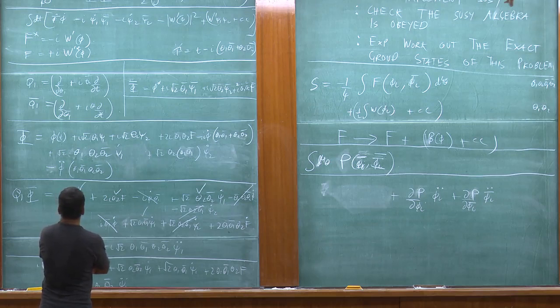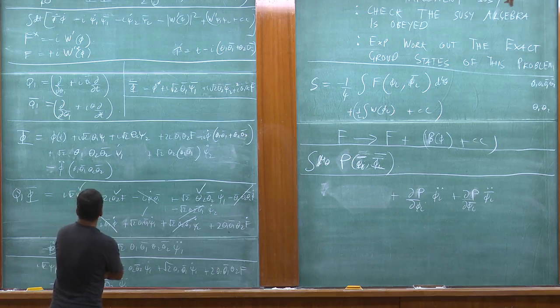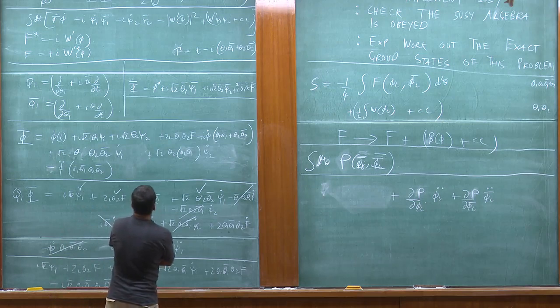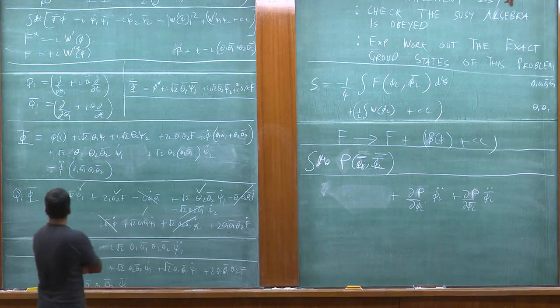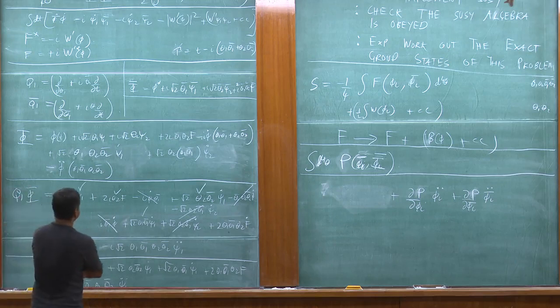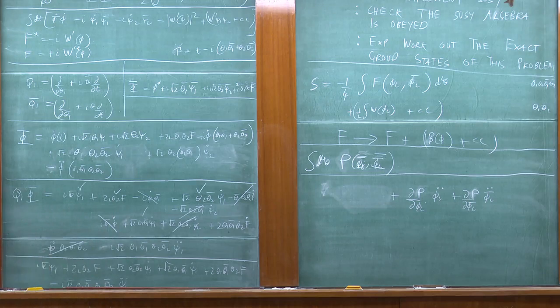Now, let's see what could do that. We could have phi dot can do, and nothing else. F was 2 thetas, so we want theta, theta, theta bar, theta bar. That won't do it.